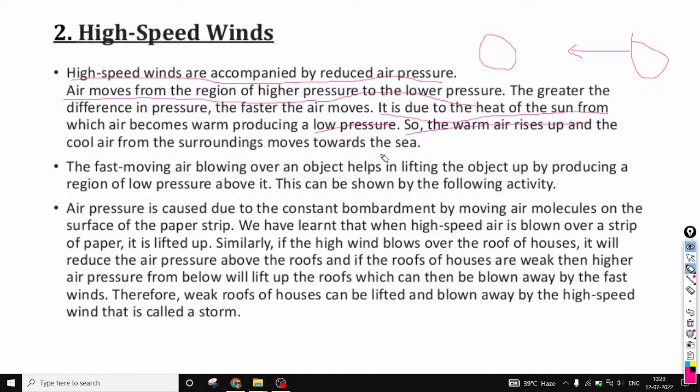The fast moving air blowing over an object helps in lifting the object up, producing a region of low pressure above it.